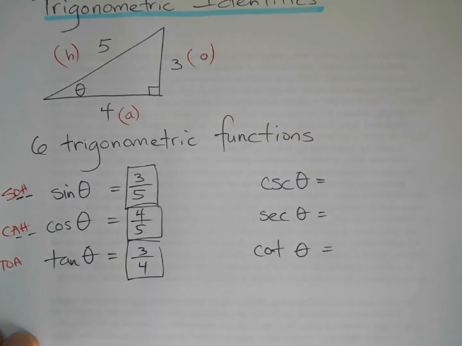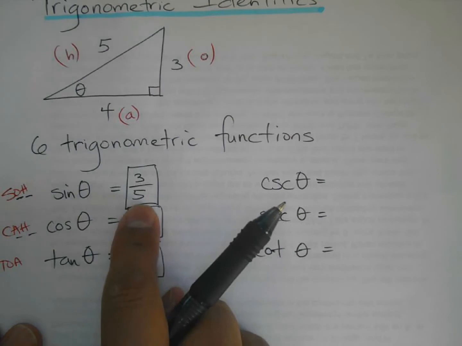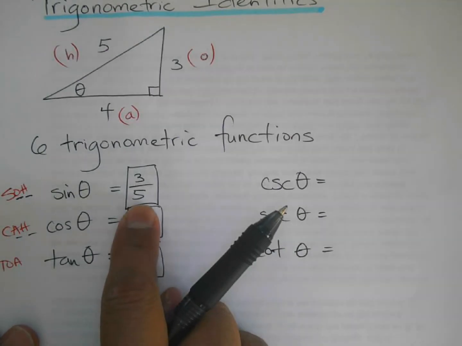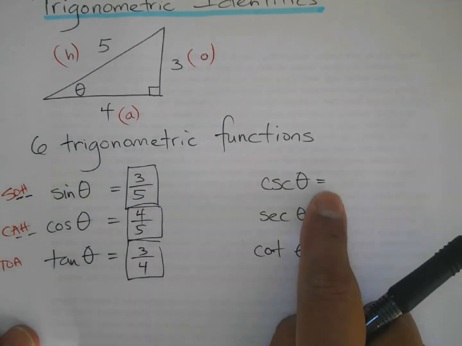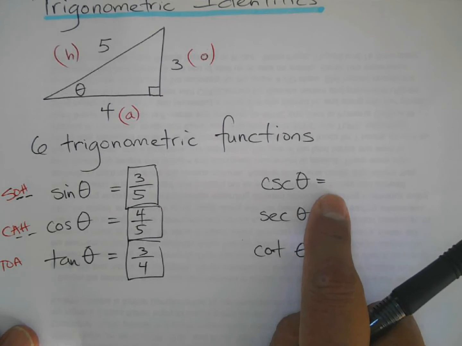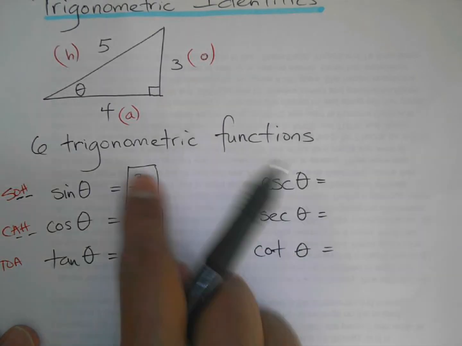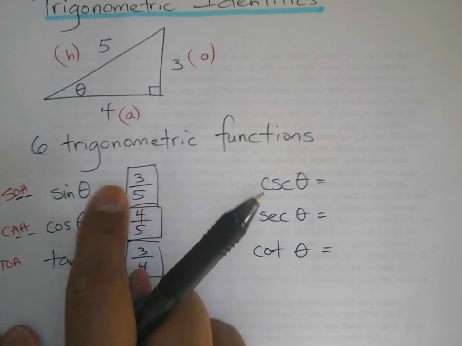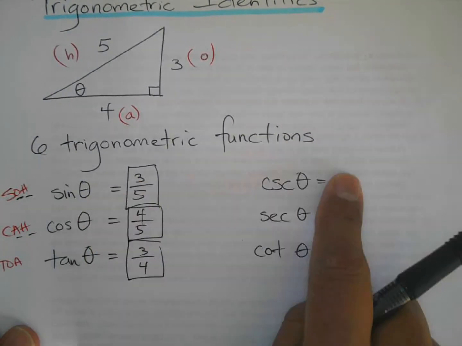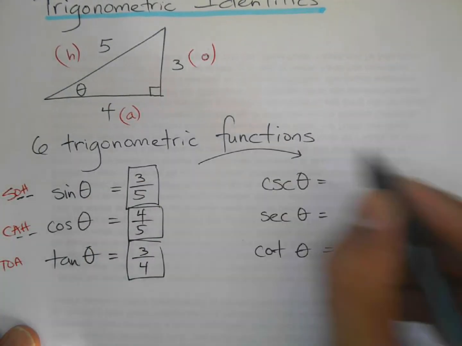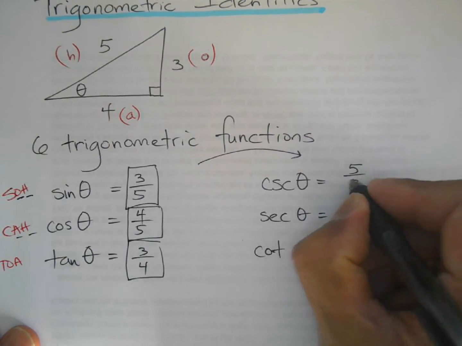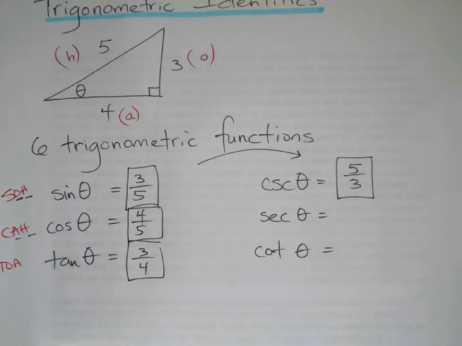But the question is, in mathematics, how do you take 3 over 5 and make it 5 over 3? See, that's the question. The question is in math, give me a formula to tell me that a 3 over 5 changes to a 5 over 3. How?